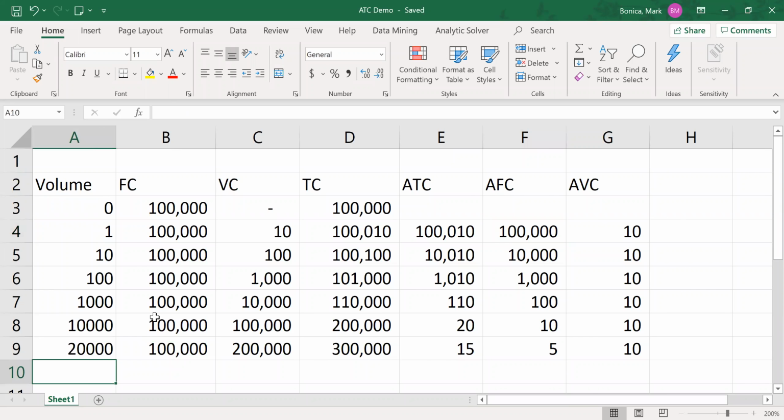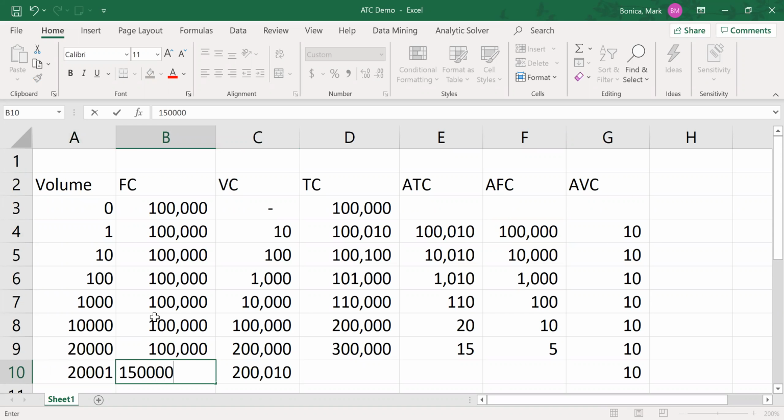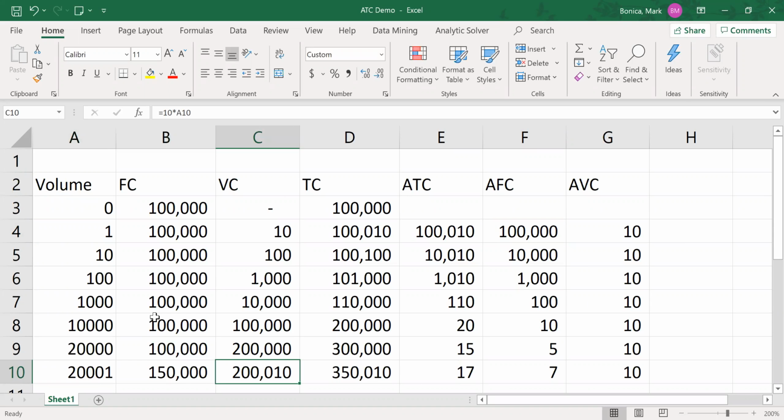So if we want to go to 20,001, our fixed costs are now 150,000, right? And so suddenly we jump total cost from 300 to 350.